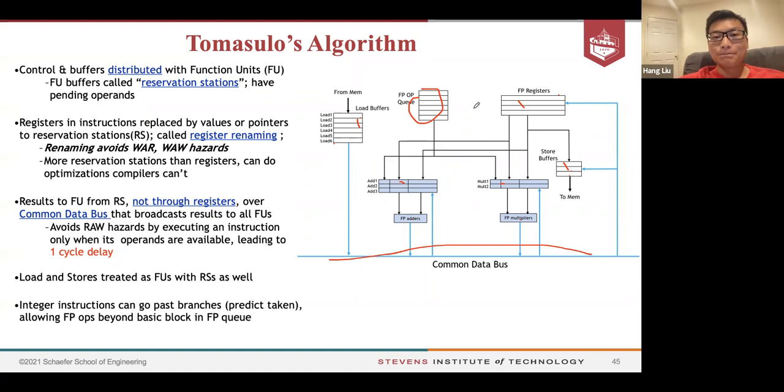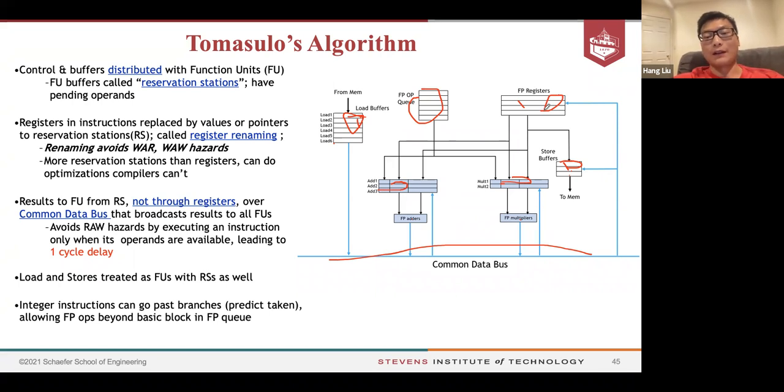So what we are doing here is trying to use the common data bus to communicate information across all the function units: the loader, adder, multiplier, store, and registers. These function units together are collectively called the reservation station. They hold pending operands.